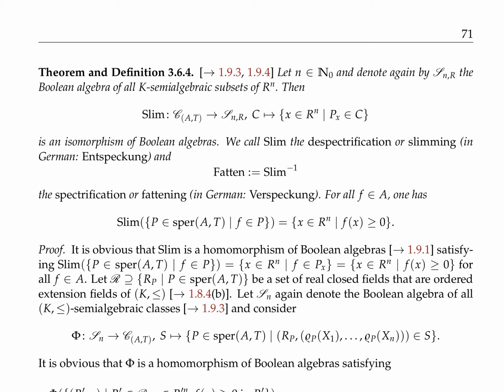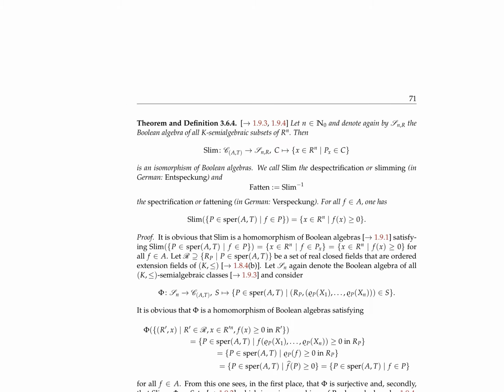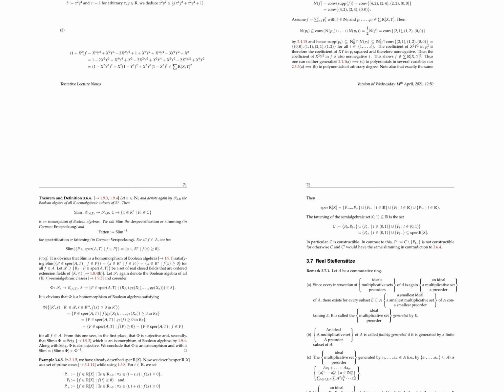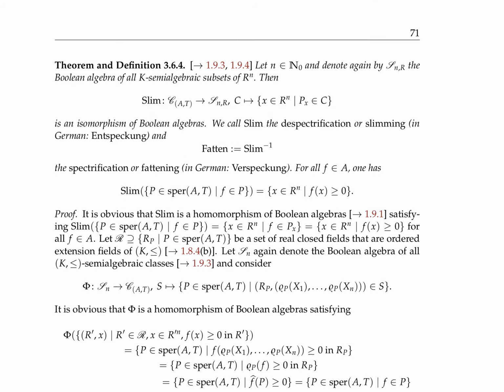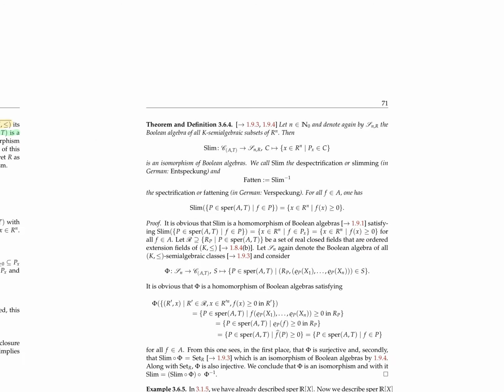And I had this slimming, which mapped the constructible sets into K-semialgebraic sets, and that was an isomorphism of Boolean algebras, and we had also the inverse map, namely the fattening, right?